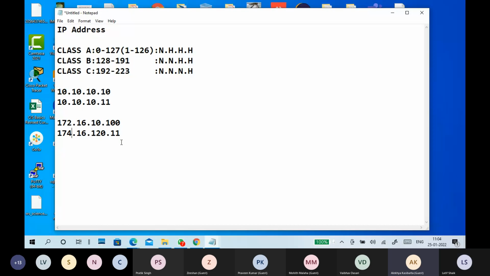Whatever it is, the first octet is different and the second octet is the same. But whatever it is, both octets must be the same. Otherwise, they won't communicate with each other. Obviously, the first octet itself is not the same number, so they won't communicate with each other. The same thing goes for class C also.